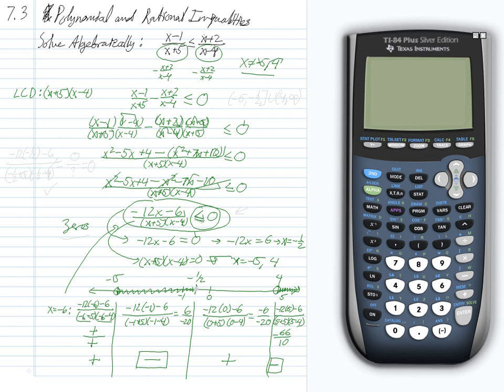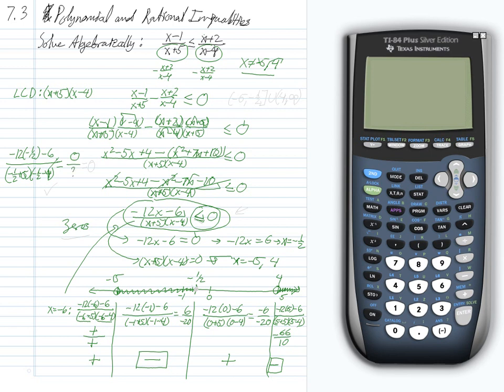Well, let's check. If I plug negative 1/2 into my inequality, does it work? Well, negative 12 times negative 1/2 minus 6 over negative 1/2 plus 5 times negative 1/2 minus 4 equals, now in the numerator I have 6 minus 6, which is 0.